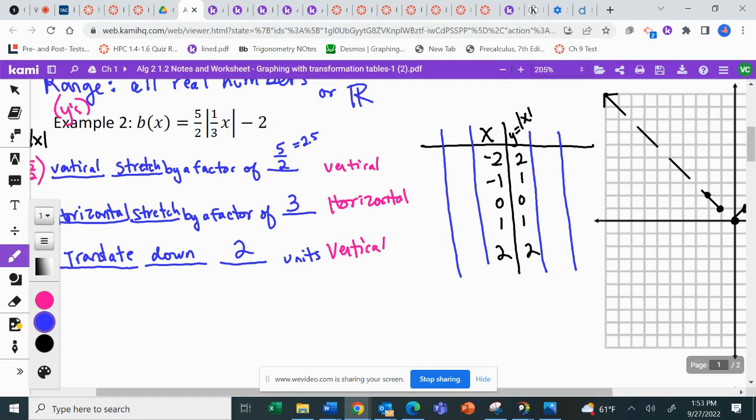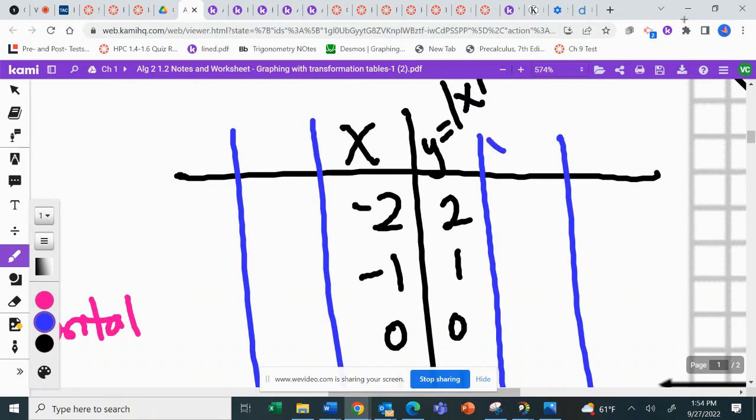What side does the vertical go on? It goes on the Y side, because the Y axis is up and down, vertical. So on the Y side, times 5/2. On the X side, times 3.